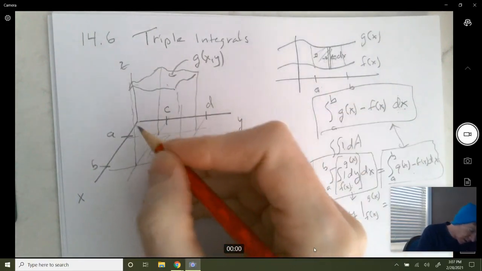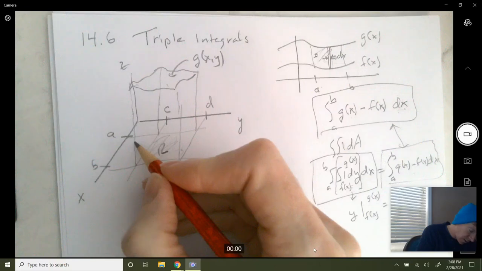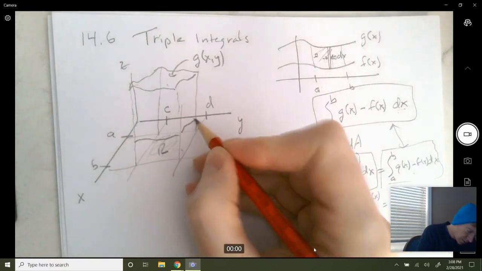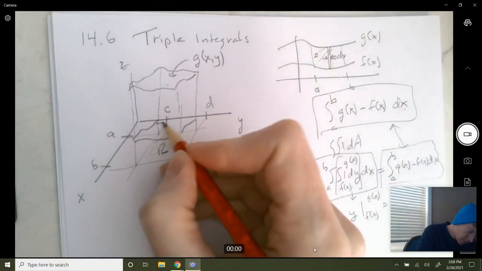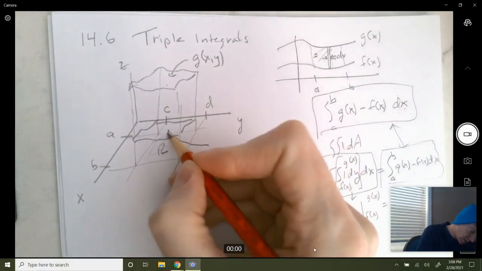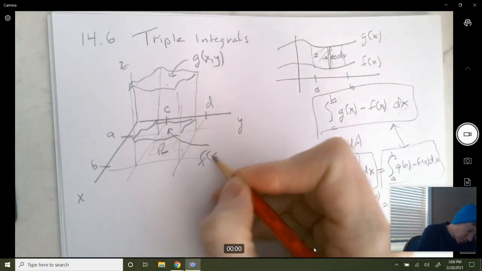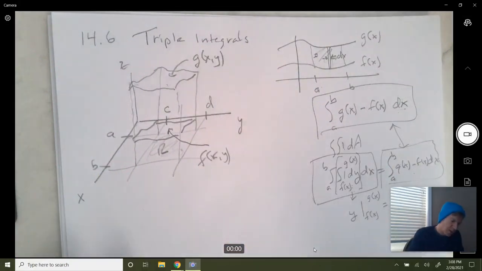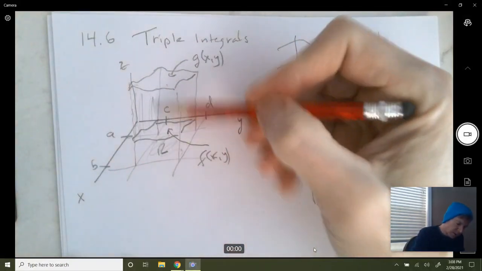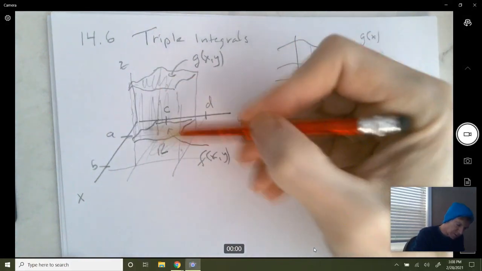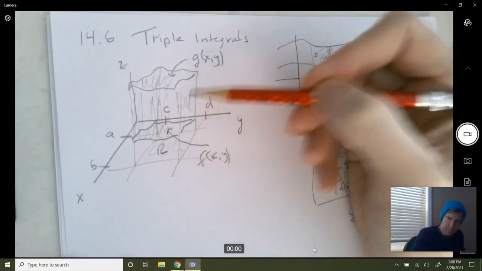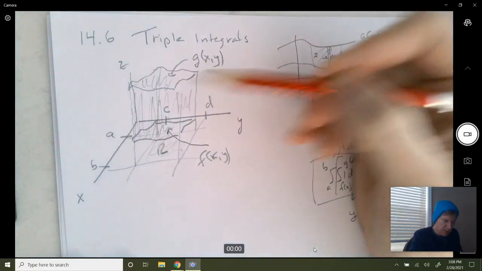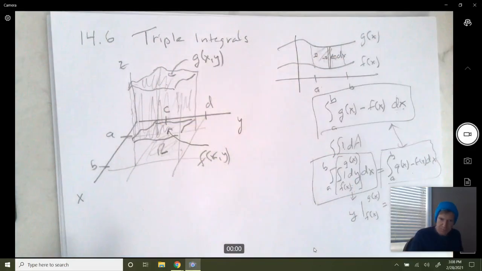But let's say we've got another surface somewhere around here, and let's say this surface is f of x, y. We want to find the volume in between these two surfaces, kind of like a funny looking ice cube.